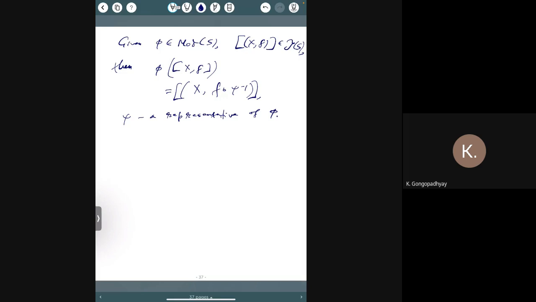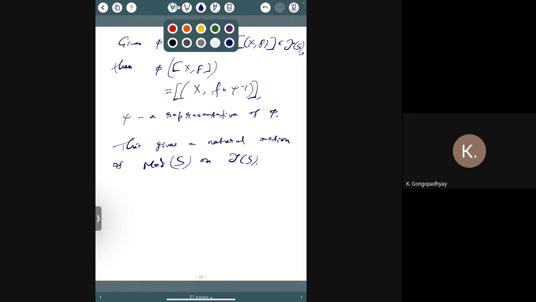So this gives a natural action of Mod S on the Teichmuller space.